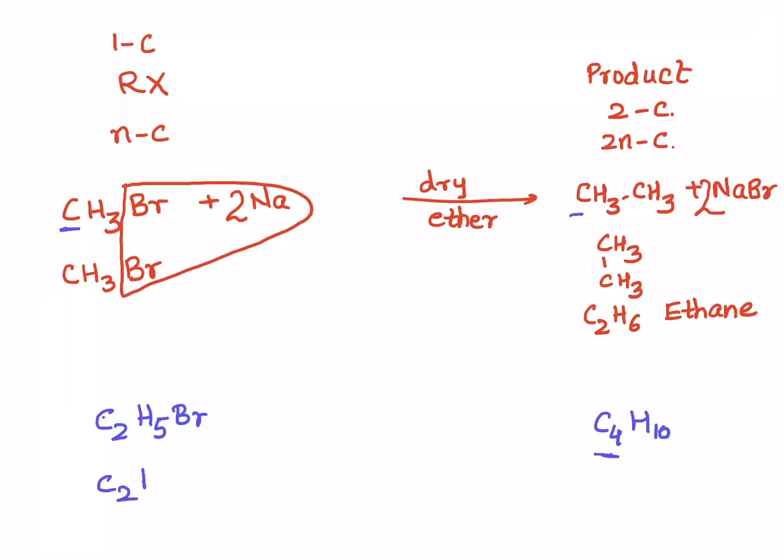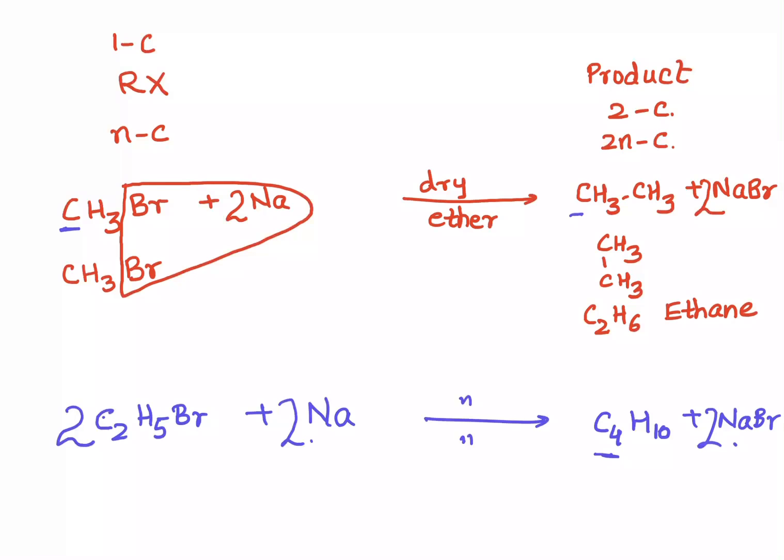Write the reaction yourself then, C2H5Br, that means 2 molecules. Some students also prefer to write the reaction like this, where they'll write a 2 in front of it, sodium and dry ether. You have to see how you are comfortable and how you can remember and recall easily, right? NaBr once again.